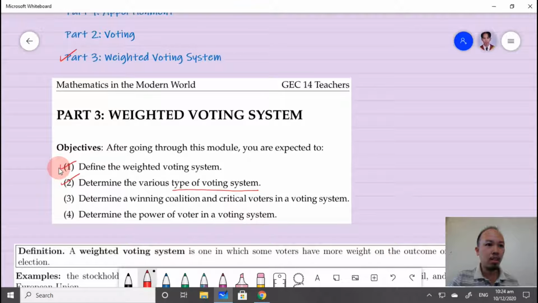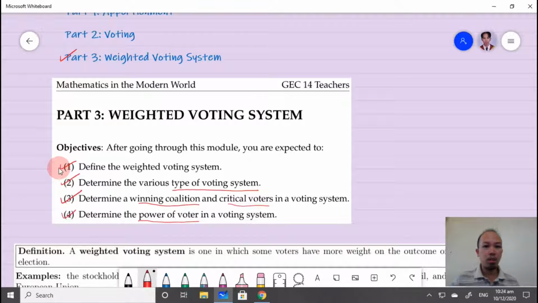Then we are going to determine what we mean by the winning coalition and the critical voters in a voting system. And finally we will discuss the power of a voter in a voting system, which talks about the Banzhaf power index.